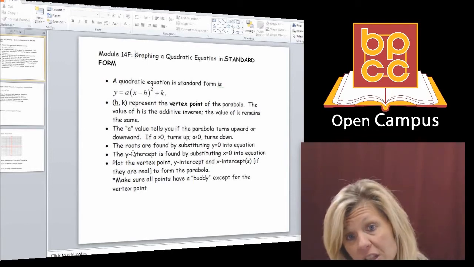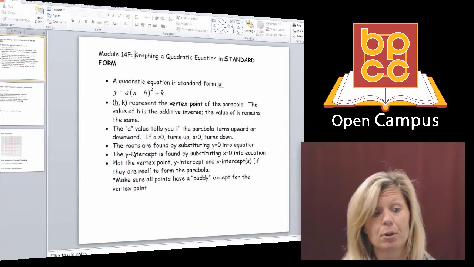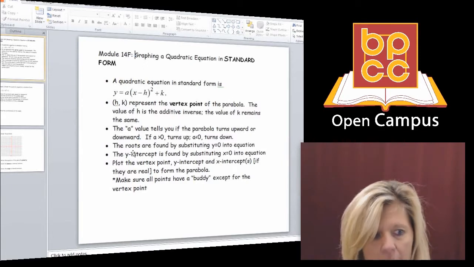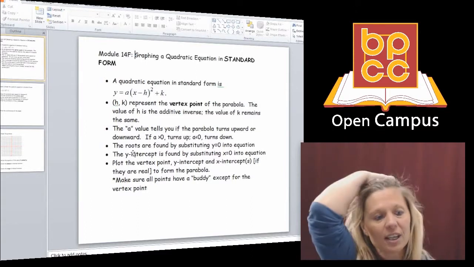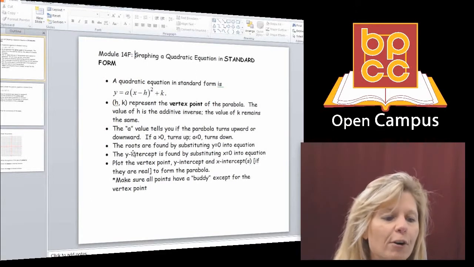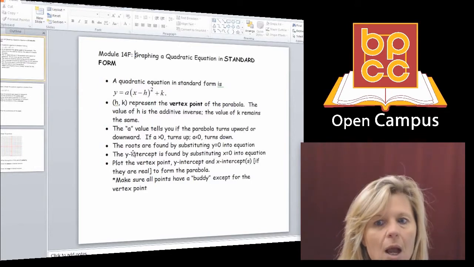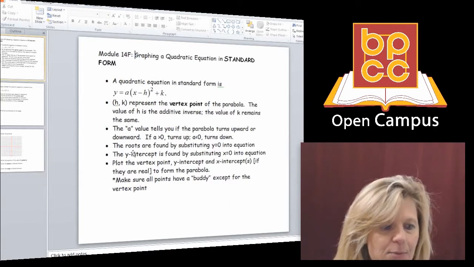But look very closely. In front of the h is a negative, a subtraction symbol. And just like with the circle, the ellipse, and the hyperbola, because there was a subtraction symbol in front, you had to change it or give the opposite. So when you give me the h value of the vertex point, it will be the opposite of what you see for h. But if you look at the k value, there isn't a subtraction symbol.